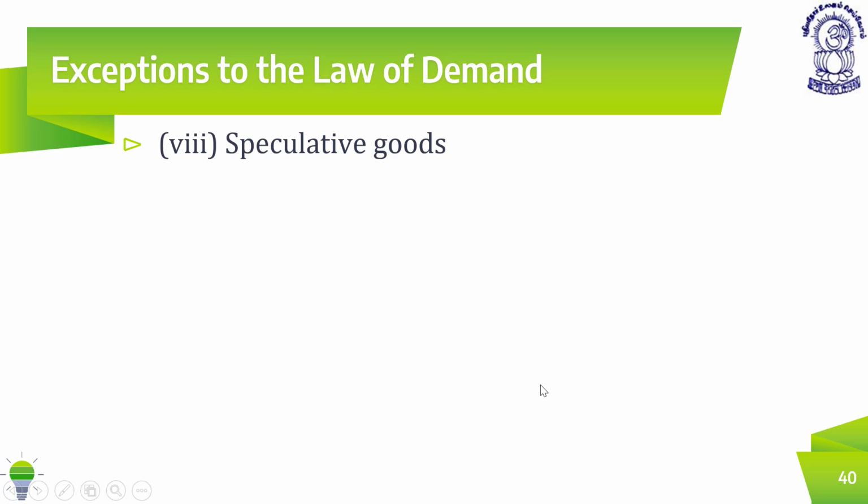And at last, the speculative goods. So you must have seen in the stock market, if the price of a share is increasing, the demand is increasing and not decreasing. So the example is stock market. You can write it over here.